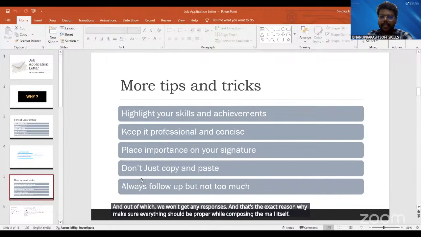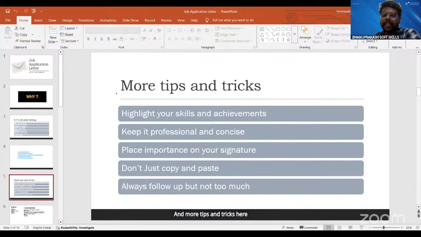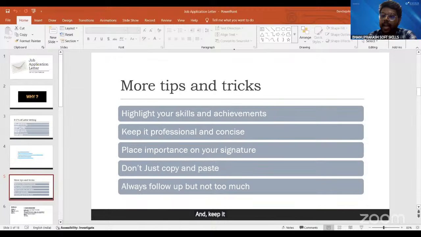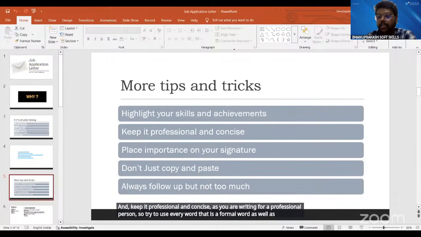And more tips and tricks here. Highlight your skills and achievements, particularly in the job application letter, as this will make them understand what potential you have. Keep it professional and concise, as you are writing for a professional person. So try to use formal words, and concise information is also very important.